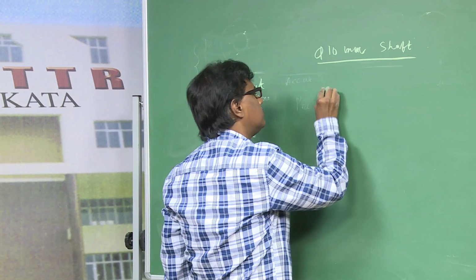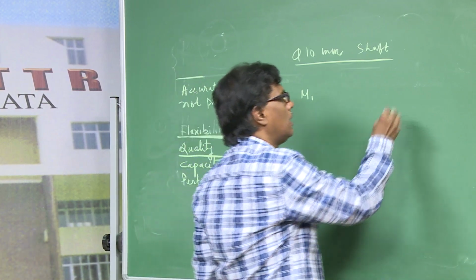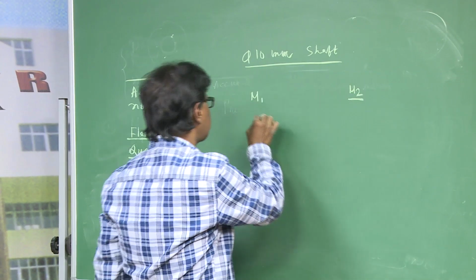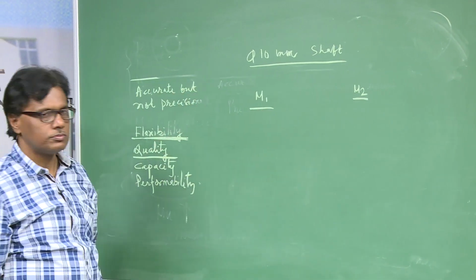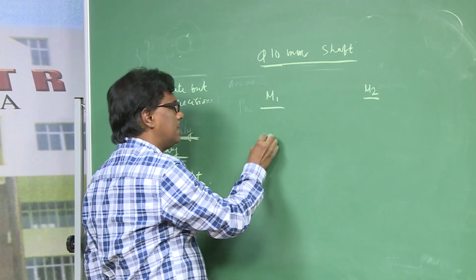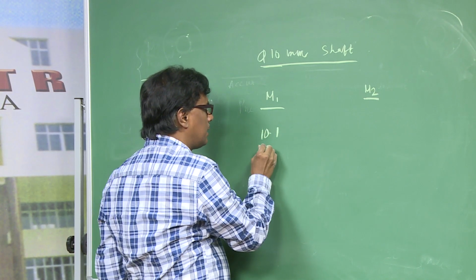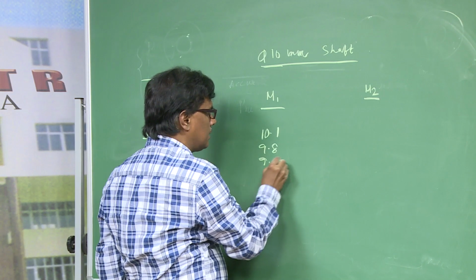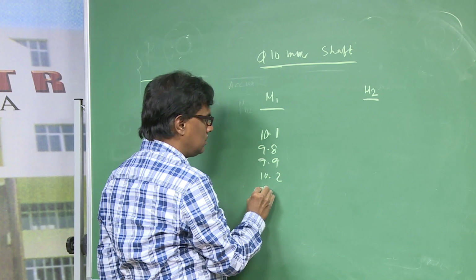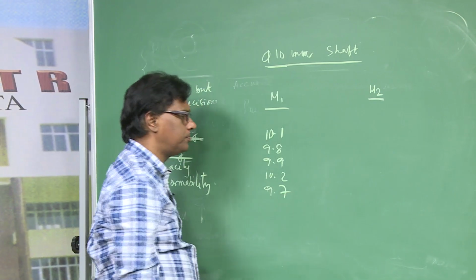So, he has machine number 1 and machine number 2. In machine number 1, let us take some arbitrary data. Somebody has 10.1, 9.8, 9.9, say 10.2, say 5 shafts, let me give you 9.7.